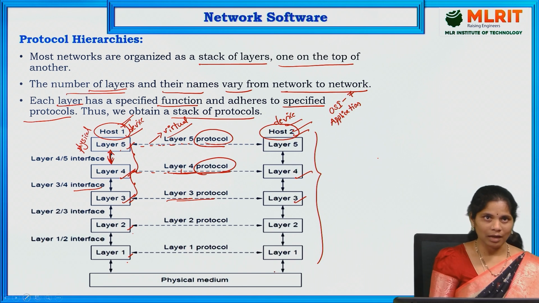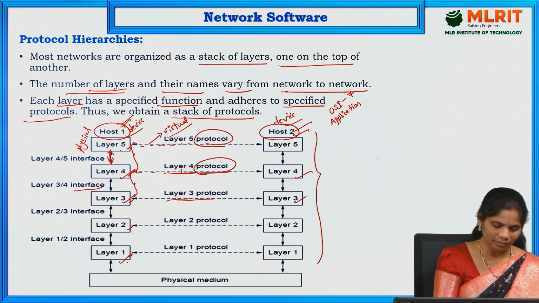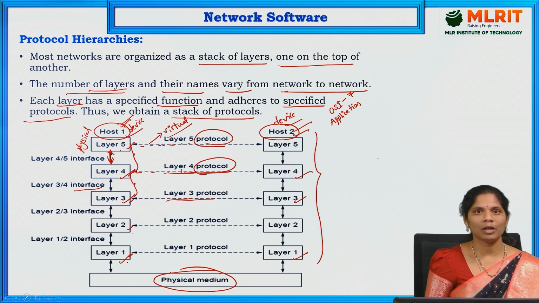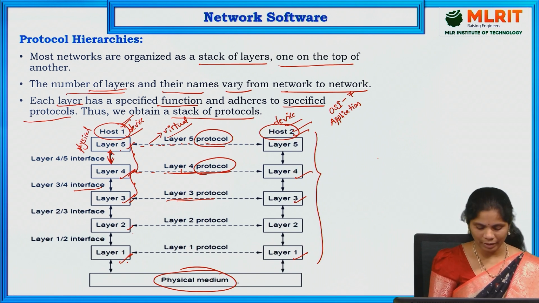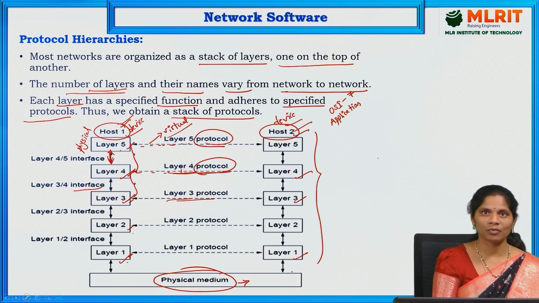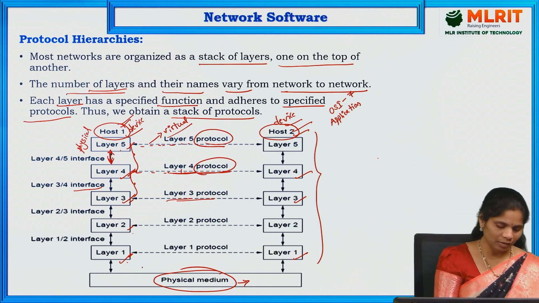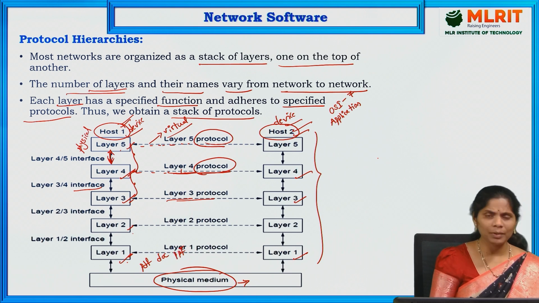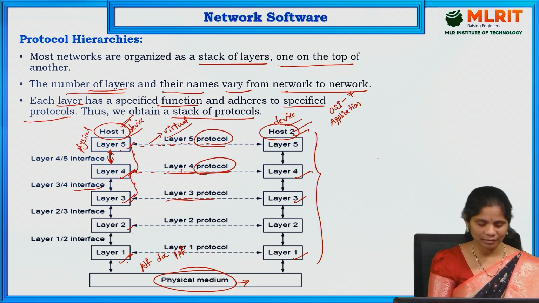All the layers in host 1 and all the layers in host 2 communicate through some physical medium. What is the main aim of this physical medium? Whatever data is sent from host 1 to host 2, whether it is in PDF format, a document, or anything else, is communicated through this physical medium only.